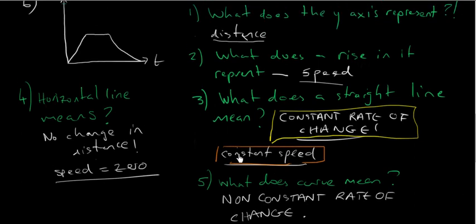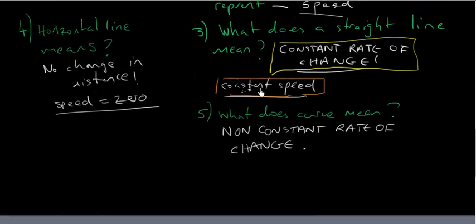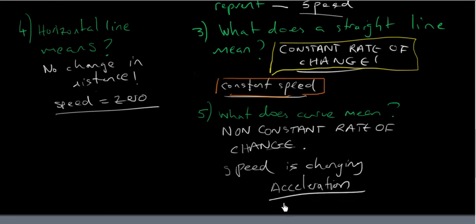Since here we have distance on the y-axis, what's changing at a non-constant rate is the distance, so therefore the speed is changing. If the constant rate of change is constant speed, then non-constant rate of change is non-constant speed. So the speed is changing, therefore we have an acceleration. So that's the meaning of a curve.